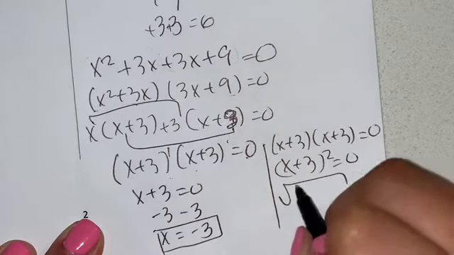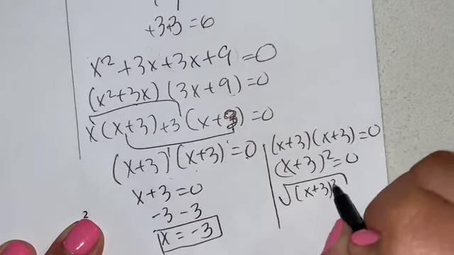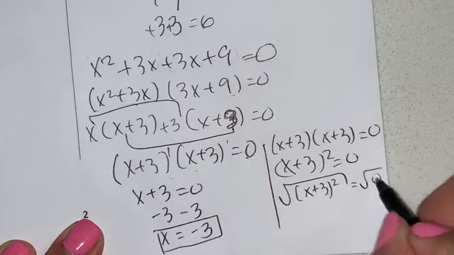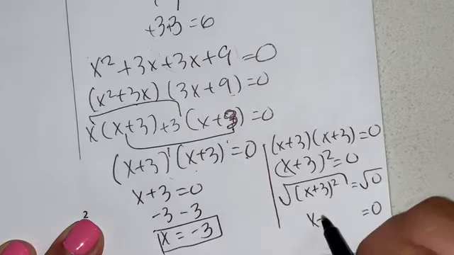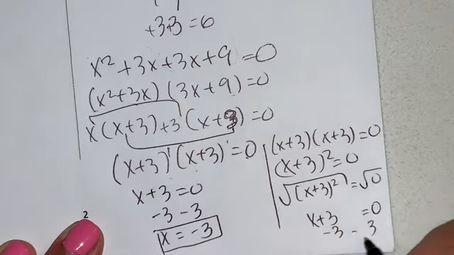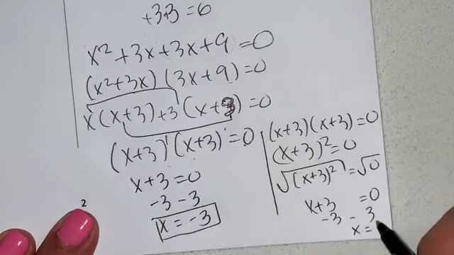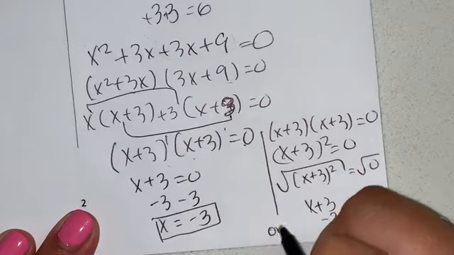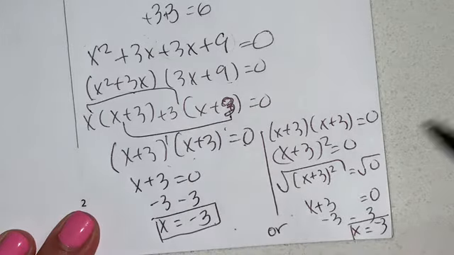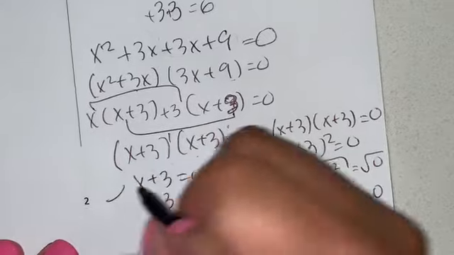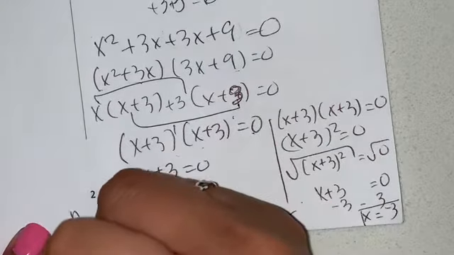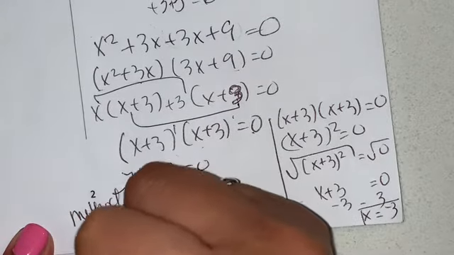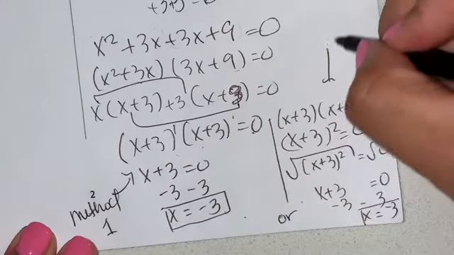So I square root both sides. X plus 3 minus 3, x equals -3. That's the same thing. So it's either solution. So this is method 1. This is method 2.